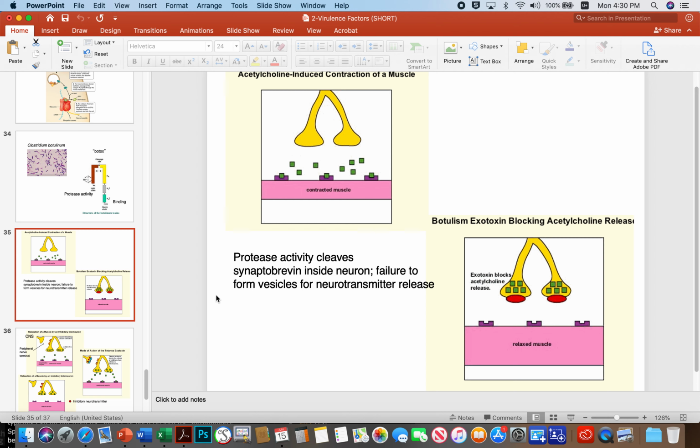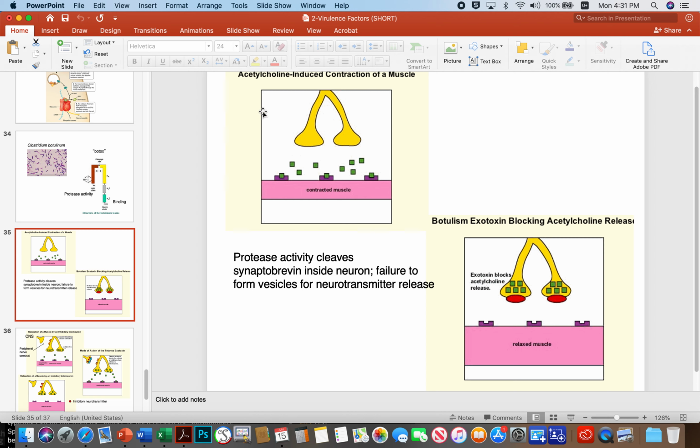In a normal situation, you have acetylcholine-induced contraction of a muscle. Here's our motor neuron, and a little synapse across that motor neuron. This neuron will produce acetylcholine, which will bind to a receptor and then stimulate contraction.